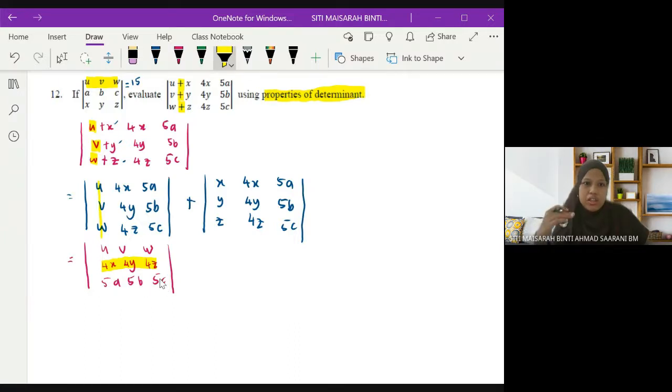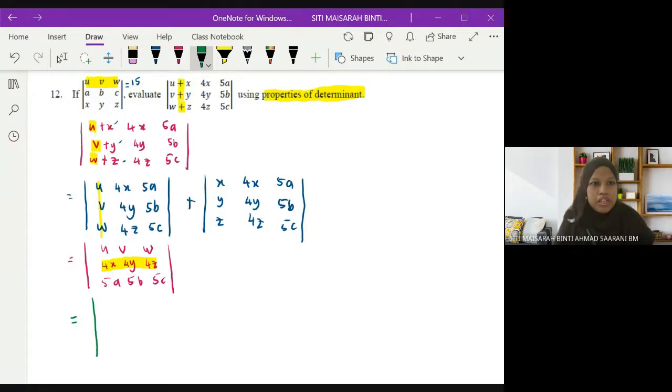So jadi kalau tengok X, Y, Z dengan A, B, C tu kedudukan dia terbalik lah, row 2 dengan row 3. So jadi kita boleh interchange between row 2 and row 3.